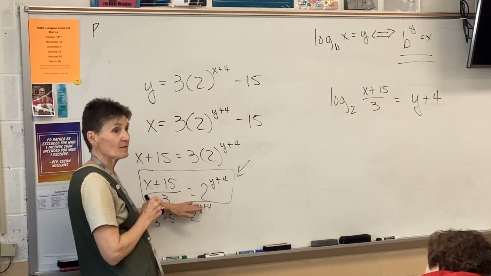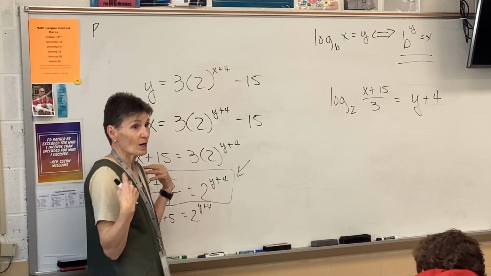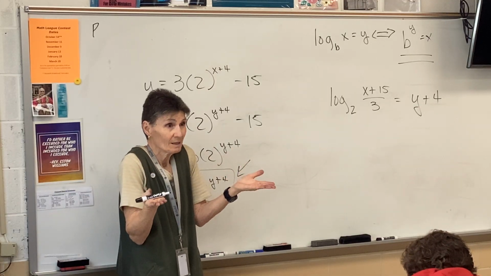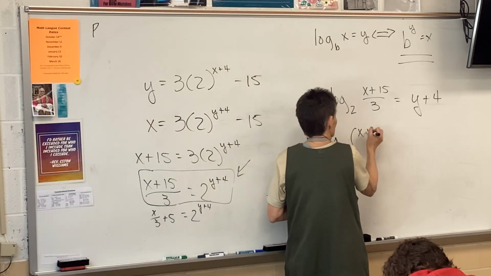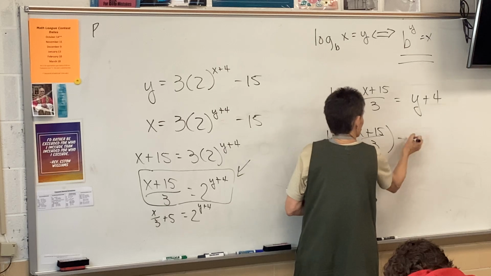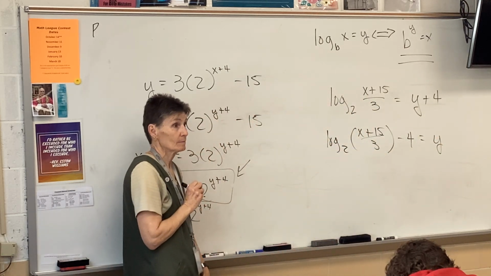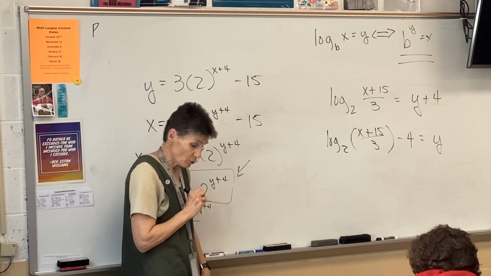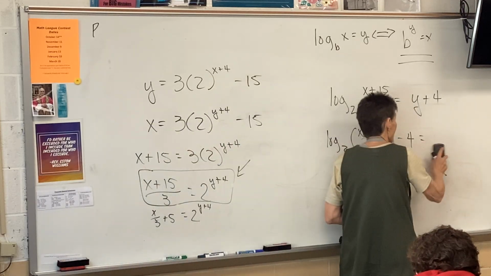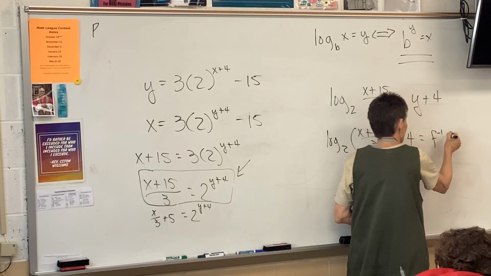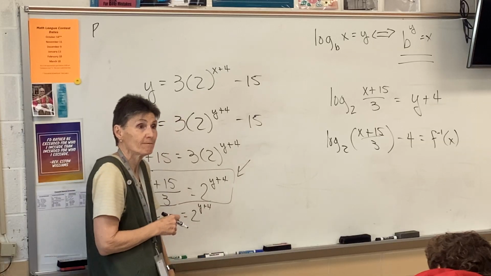Would everybody agree with that? And remember, what's your objective? Solve for y. So all I need to do is subtract the 4. And then I'm going to use the appropriate notation. Instead of calling this y now, I'm going to call it f inverse because it's the inverse of function f.